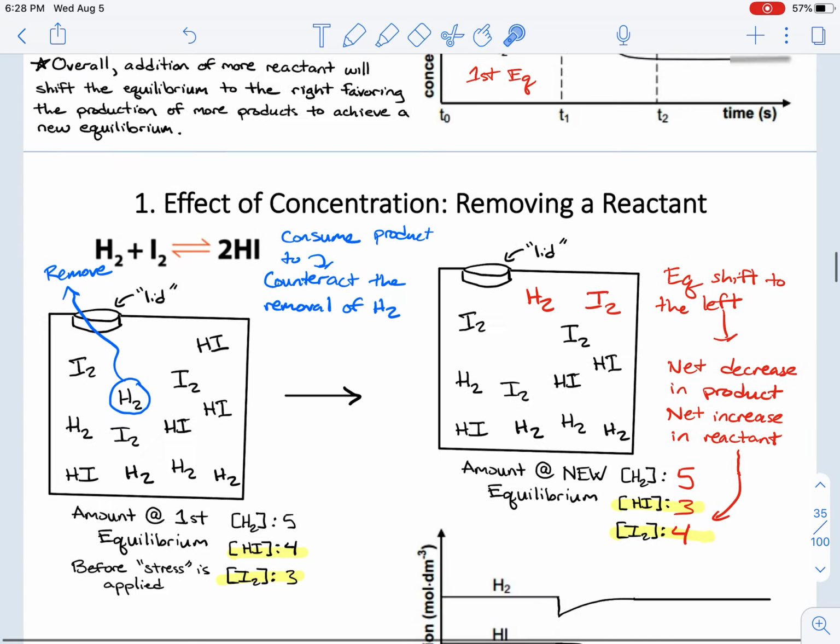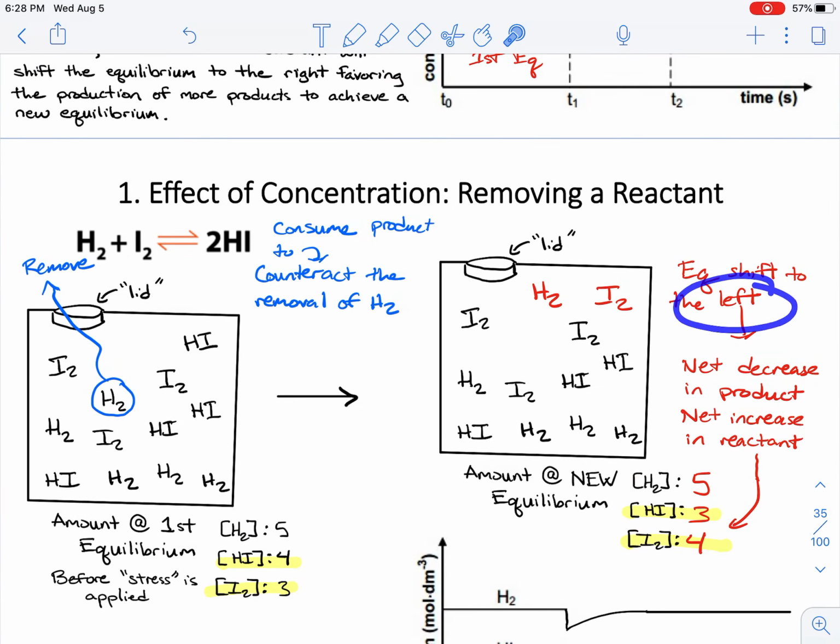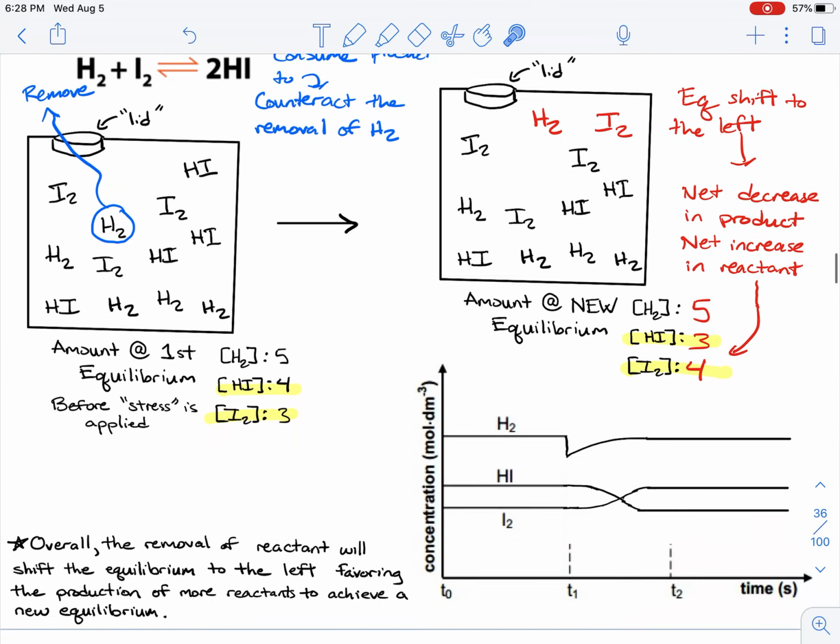Okay. And so this left and right that I'm referring to is with respect to this chemical equation, right? So here we're shifting to the left, consuming the product so that we can counteract the removal of H2 gas.